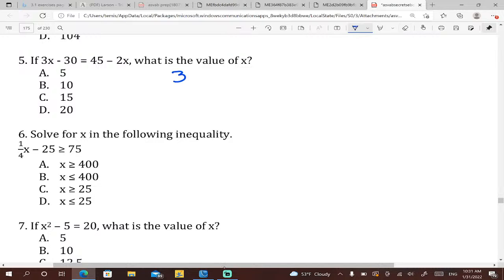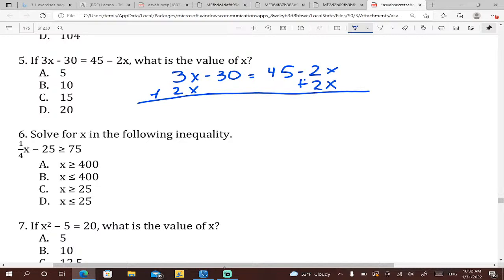So that's 3x minus 30 equals 45 minus 2x. Okay. So remember what I said about bringing all the variable terms together and all the constant terms together by doing the opposite of what it is. So that was a minus 2x, so I'm going to do a plus 2x, and I do the plus 2x over here to the x's because you can't add and subtract apples and oranges.